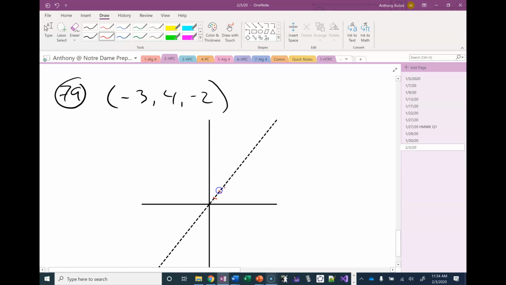So 1, 2, 3 on the negative end of the x-axis. And then 1, 2, 3, 4 on the positive end of the y-axis. And 1, 2 on the negative end of the z-axis.